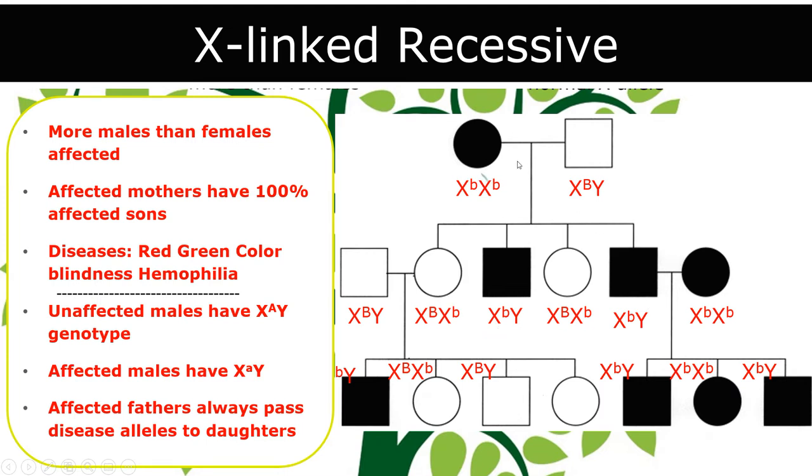And so we knew the genotype of this mom was homozygous for little b, and this was a healthy male, so we were able to label him as X capital BY. So when we look at this female, she was always going to get an X little b from mom. So she has no choice but to get one of those.